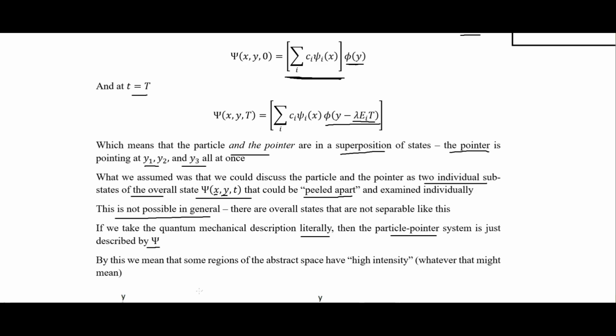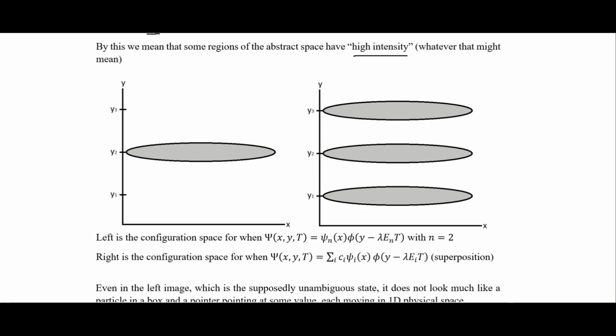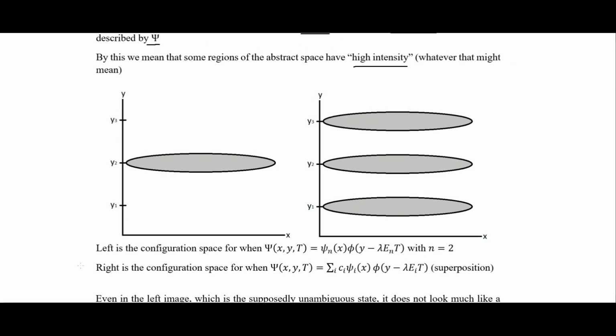By this we mean that regions of the abstract space have high intensity, whatever that might mean, depending on what we're measuring. We see these two abstract spaces here, where the left is the configuration space for when we are at a definite energy with n equals 2. The horizontal axis here is the position of the particle, and the y is the energy of the particle.